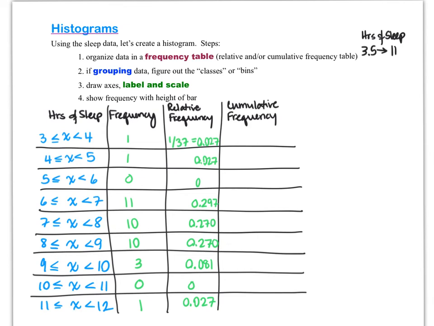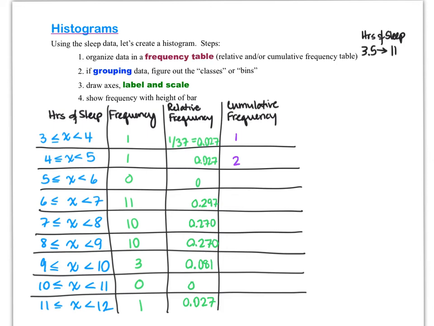So when we graph cumulative frequency, we're going to start by putting in the first value, and then we're going to add on the subsequent values. So from 3 to 4, we have 1. From 4 to 5, we have 1, but from 3 to 5, altogether we have 2.